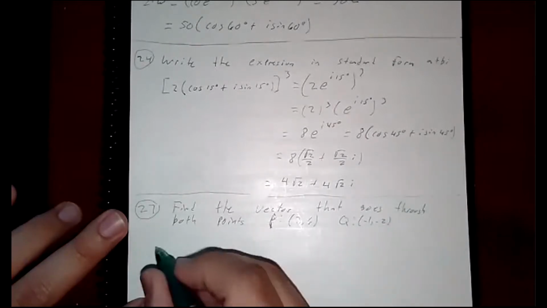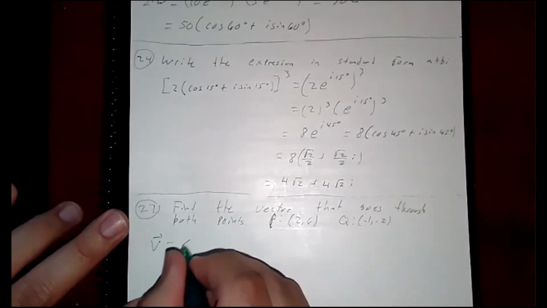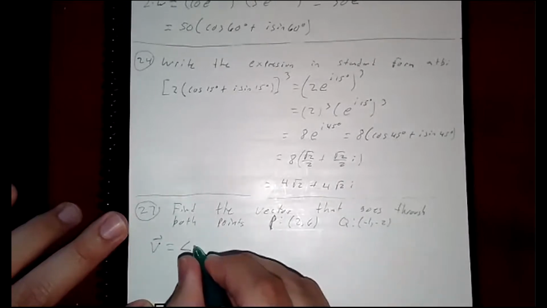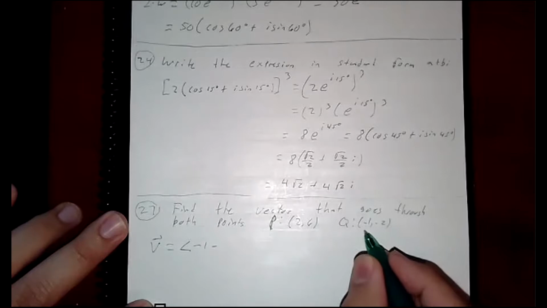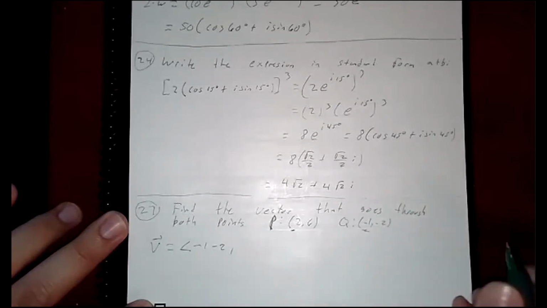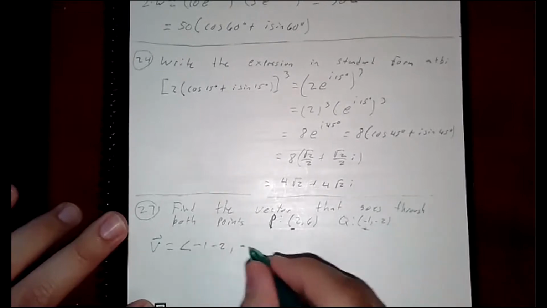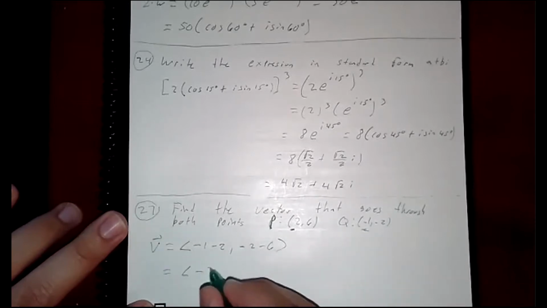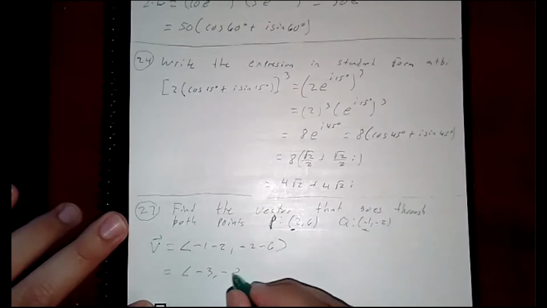So we'll call this vector V. That's what they called it in the question. So to find it, you do -1 minus 2, the last one minus the first one for the x component, the I component, and then the -2 minus the 6 for the j component. So our answer would be -3, -8.